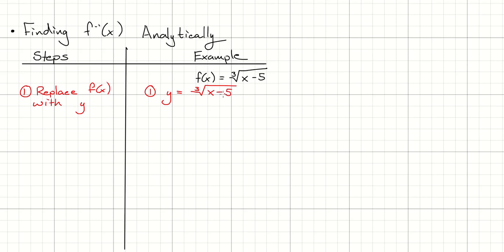Nothing wild. These next two steps are interchangeable. I don't care which way you do it. I'm just going to write down whichever one feels more natural. What switches places between a function f and its inverse? The domain and range, or another way to say that, the x and y.